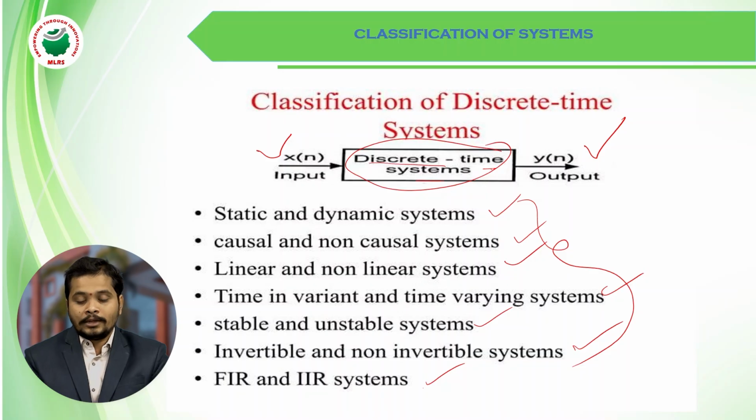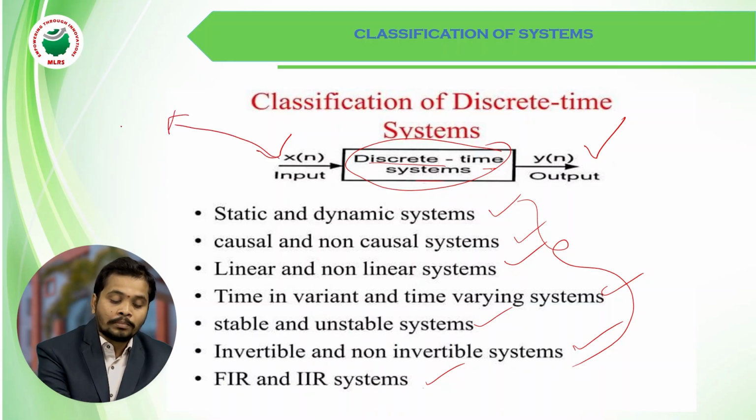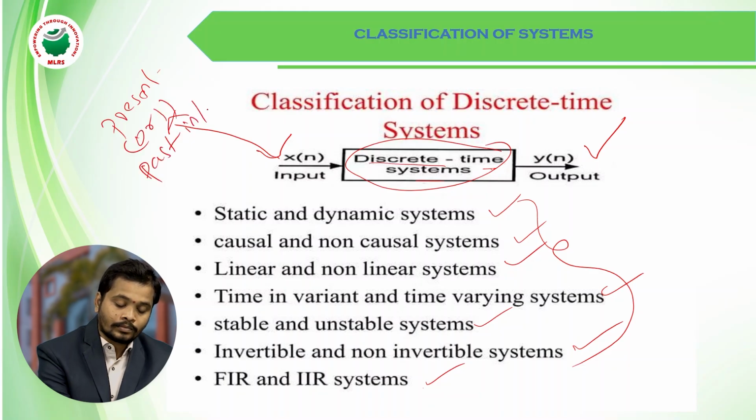So what is meant by static and dynamic systems? Whatever input you give, the response coming through the system depends upon the input, which may be the present input, past input, or future input.